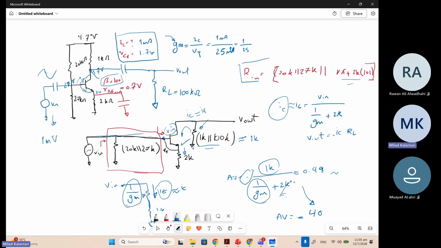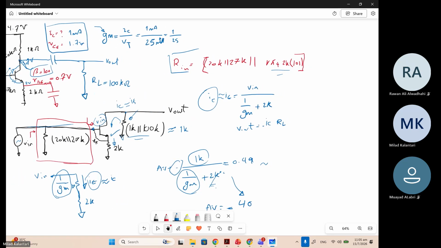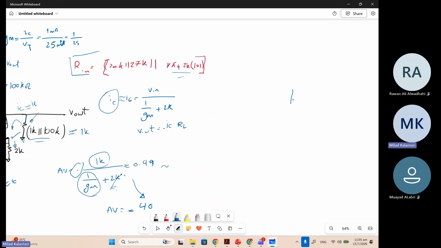Once the input is going up, the output is going down, right? But this voltage, how long can it go down? So initially the DC point was 3.7 volt, I guess. Maybe we can draw it here. You have this 2 kilo ohm. Here, initial voltage was 2 volt.